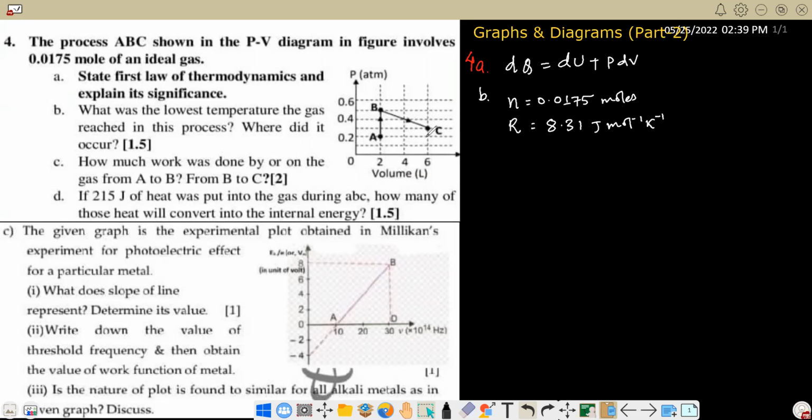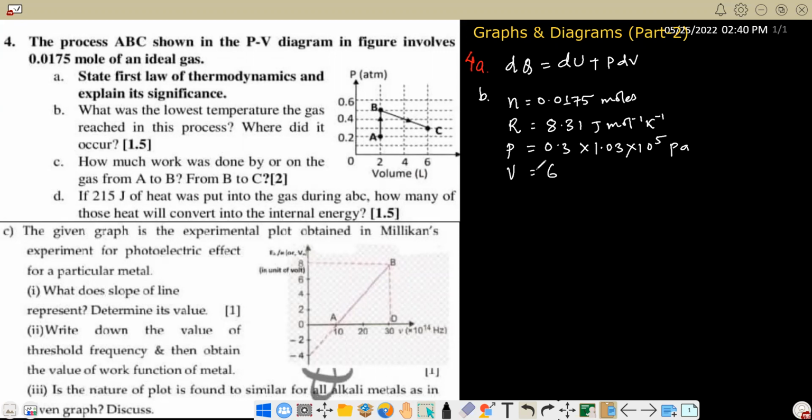So for point C, where the temperature is lowest, let us look. Pressure is in the order of 0.3, this is in atmospheric form, so 0.3 into 1.03 into 10 to the power 5 Pascal, and volume is here in liter. Okay, 6 liter.